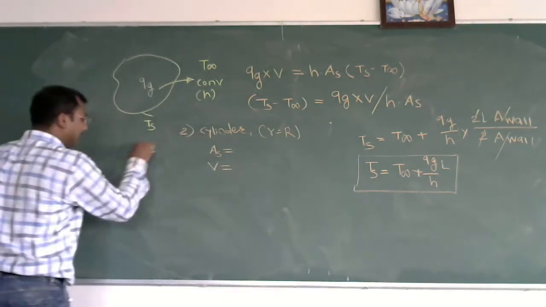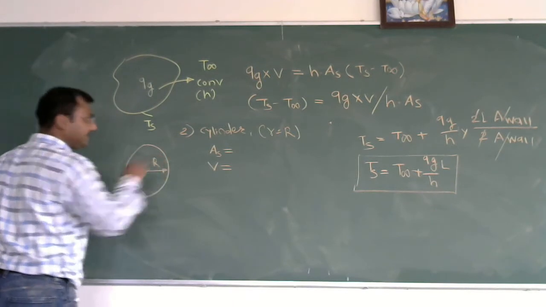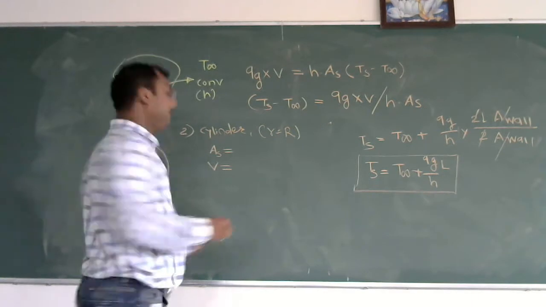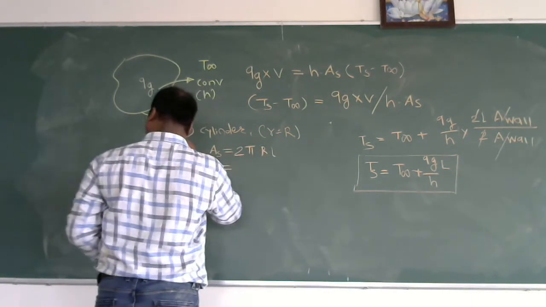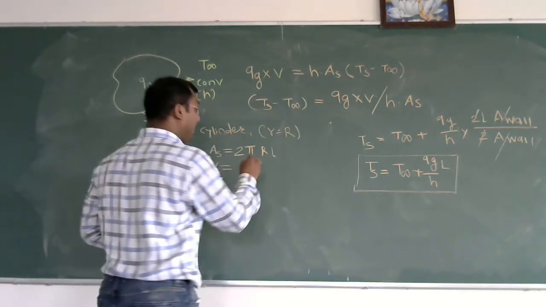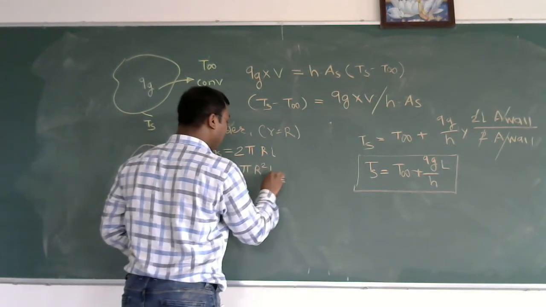If the cylinder is like this, having radius r and length L, then the surface area of the cylinder will be 2 pi rL, and the volume of the cylinder will be pi r square into L.